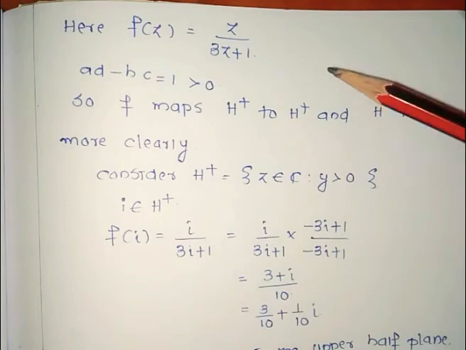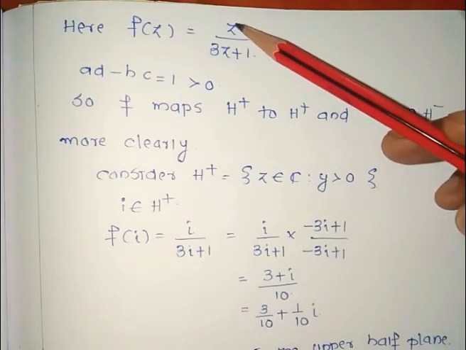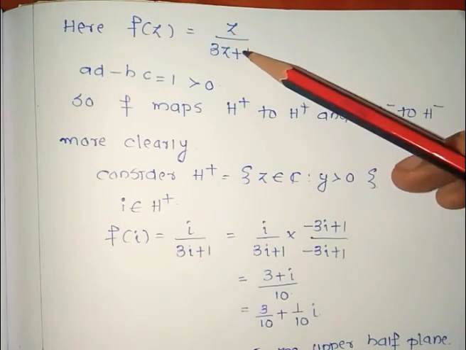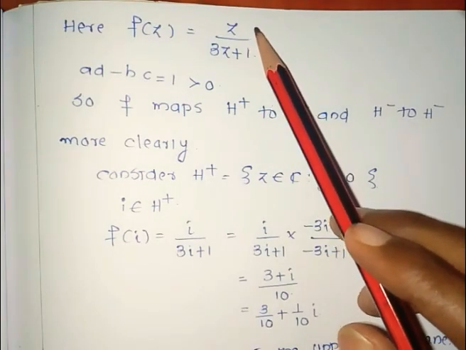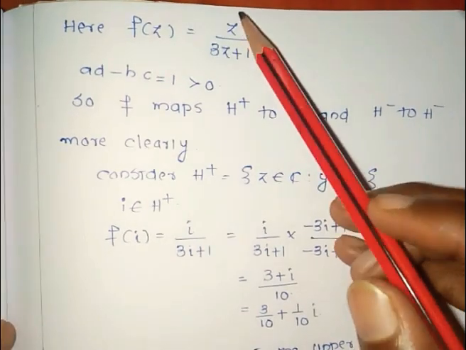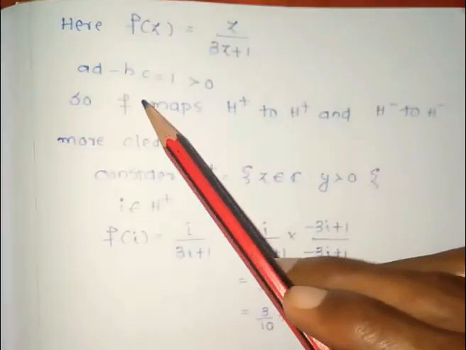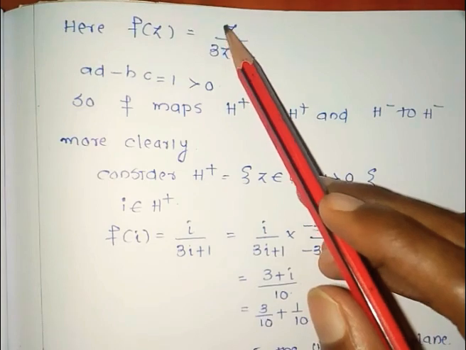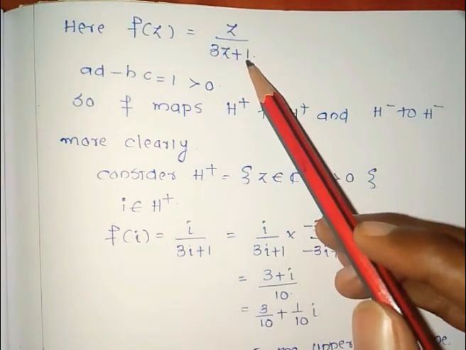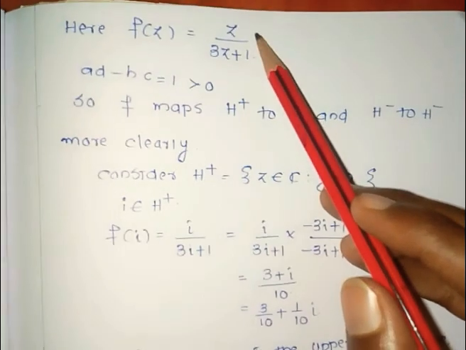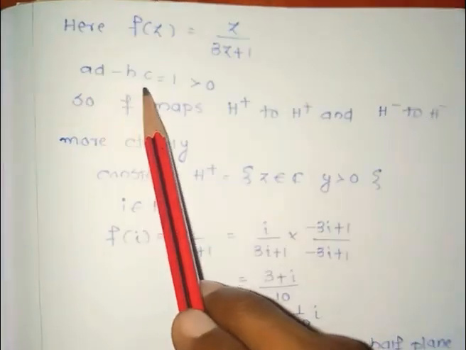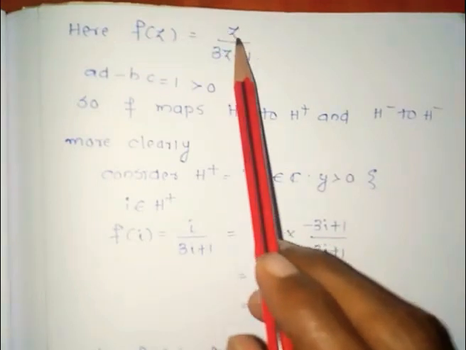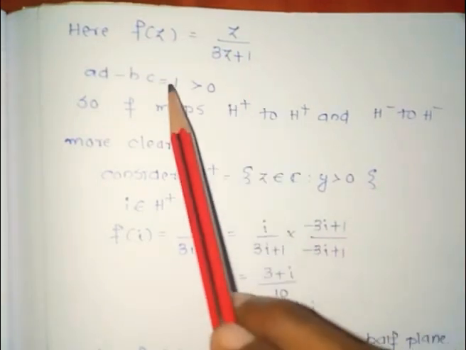So here we have f(z) = z/(3z + 1). Here the term b is equal to 0, so from this we can compute ad − bc. Here a is equal to 1, d is equal to 1, b is equal to 0 and c is equal to 3. Computing ad − bc, it is 1 into 1 minus 3 into 0, which is equal to 1, and we know that 1 is greater than 0.